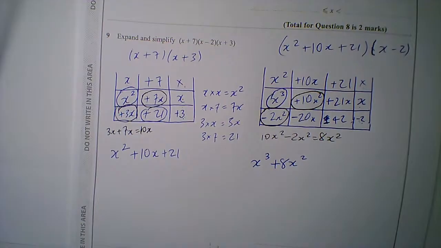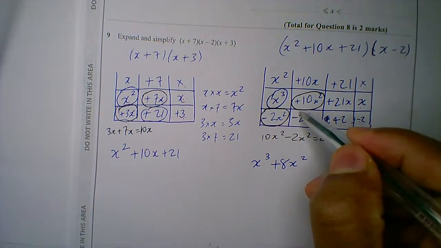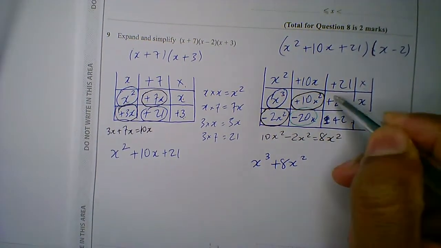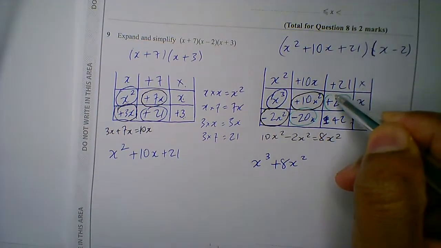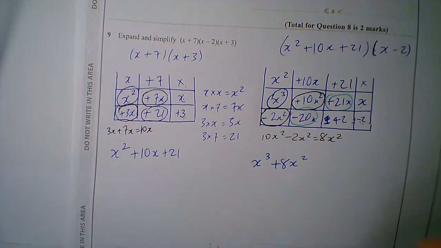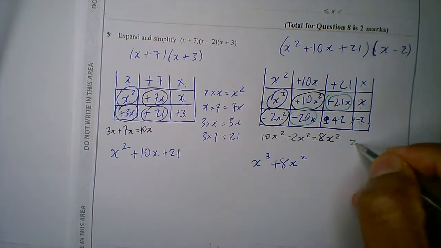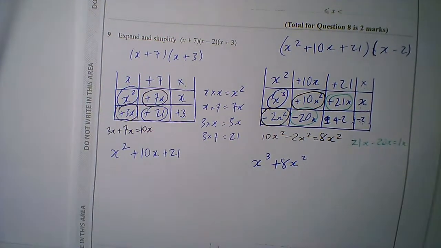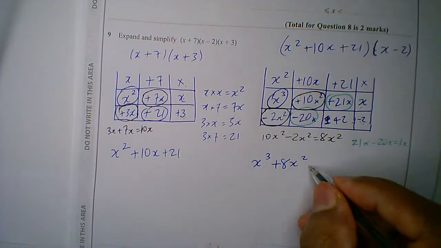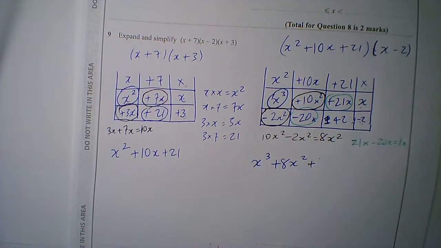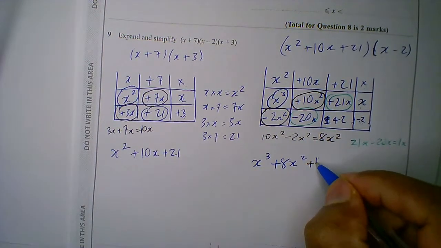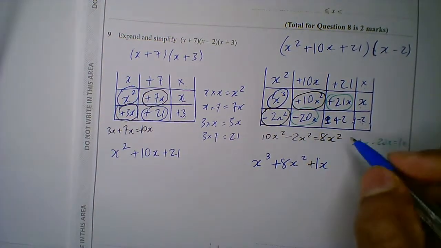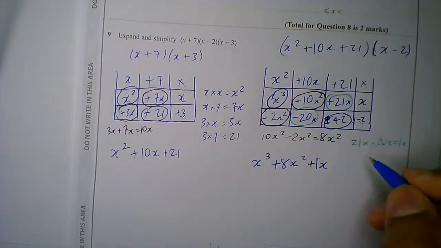And then I'm going to have my x term. So this is minus 20x plus 21x. And so I'm going to get 21x minus 20x gives me 1x. So I can write x by itself or 1x, it doesn't really matter. I'm going to write plus 1x, and then I've got my last term here, which is minus 42.